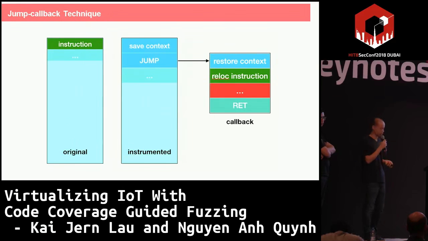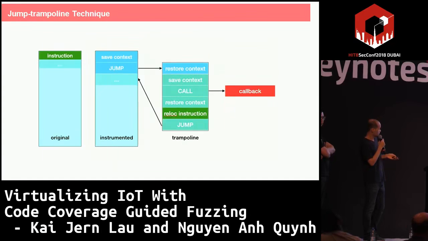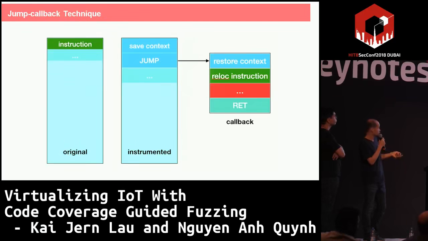There are a few other types of detour instrumentation technique. First of all, this one is a bit different. You see that the first one used the trampoline buffer, right? But in this technique we do not use a trampoline buffer. Instead, we override the original instruction and we save the context, of course, because branching can change the context.